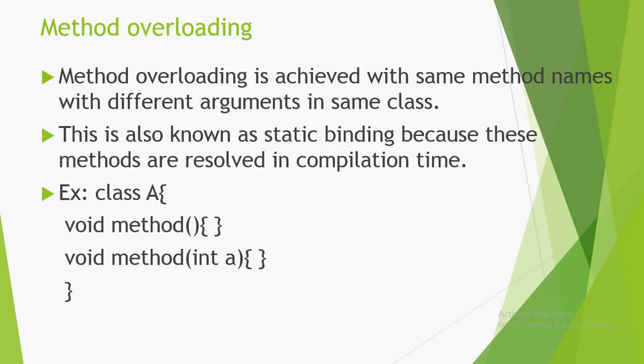Here, unlike overriding, the parameters need not be the same in number, and they should be different, and the type may also be different, and the return type may be different. That is called method overloading.